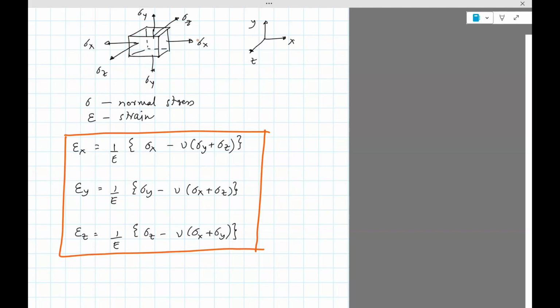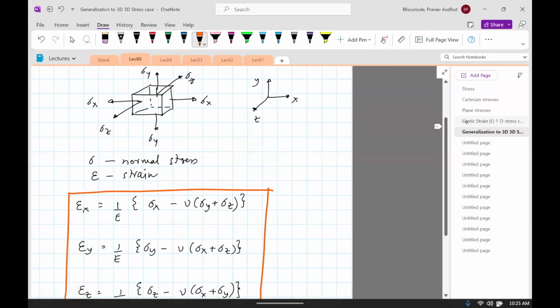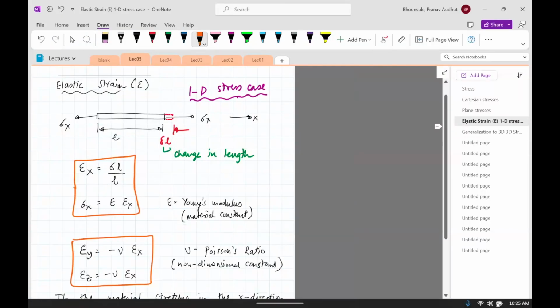Okay, now if you want, you can actually derive the same expression I wrote on the previous page from these expressions. Shouldn't be hard. You can put sigma y and sigma z equal to 0, right? From this figure, there's only sigma x, there's no sigma y, sigma z.